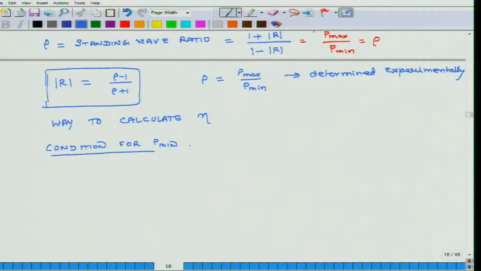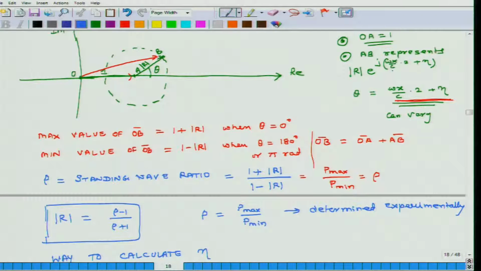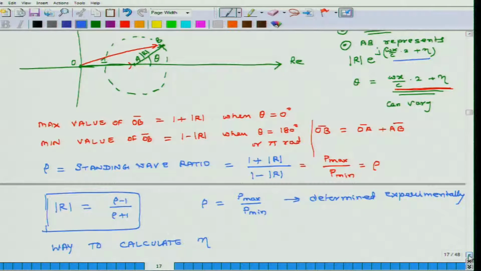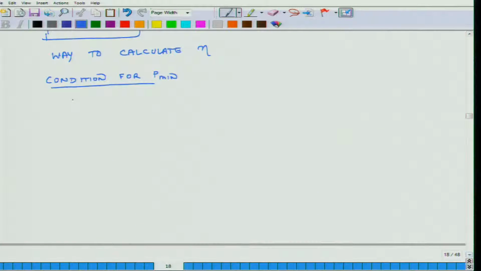The condition for P min will be when this entire term, 2 omega x divided by c plus eta, is equal to minus pi radians.